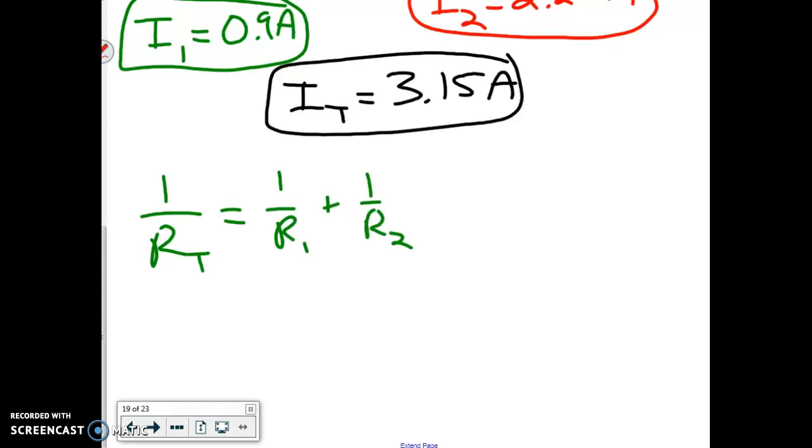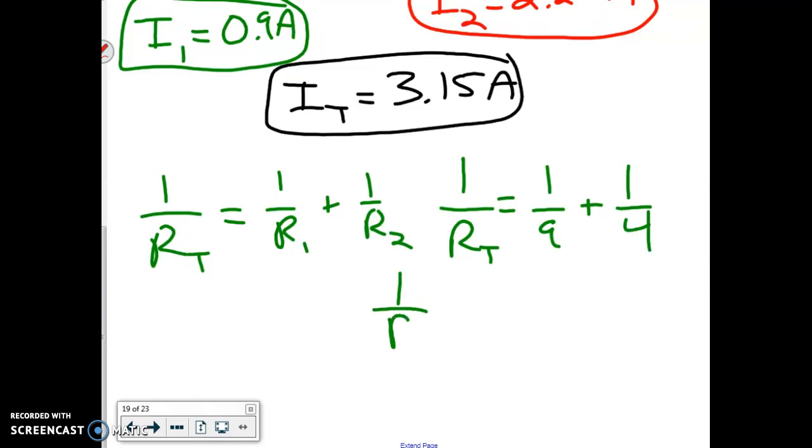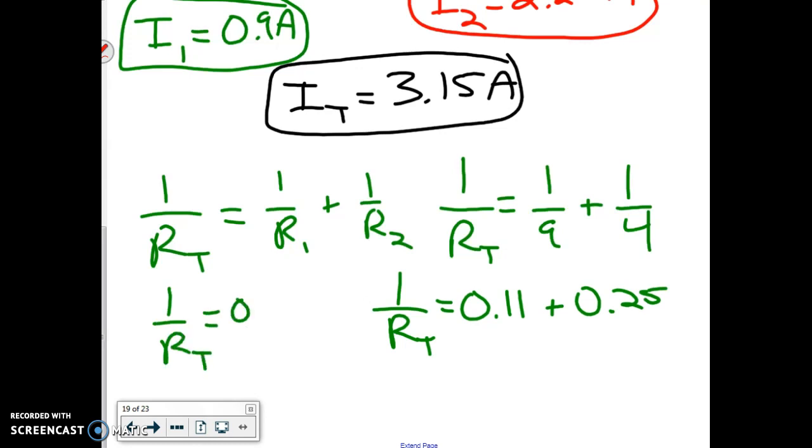So in this case, 1 over RT equals 1 over 9 plus 1 over 4. You could round here, it's okay, 0.11 plus 0.25. So you get 1 over RT equals 0.36.